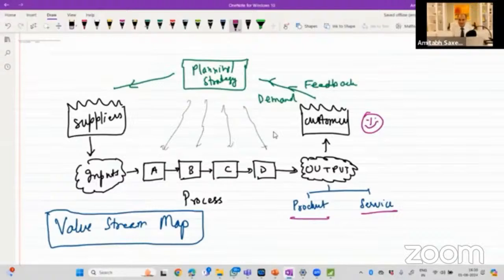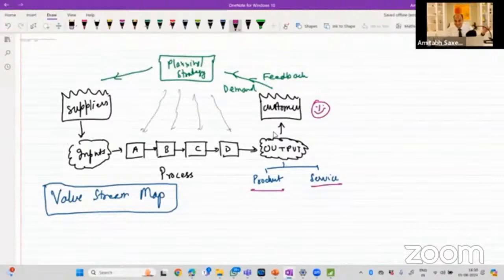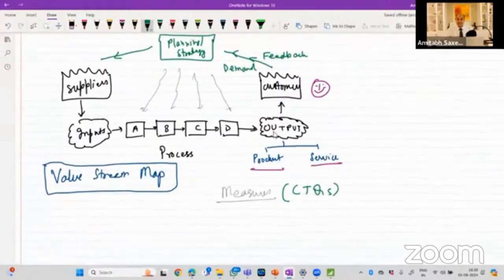But of course, the customer will evaluate you based on your product or service for the time being. And he or she will evaluate you based on certain measures. So there would always be certain measures, and we call these CTQs, critical to quality characteristics, in our Lean and Six Sigma jargon.